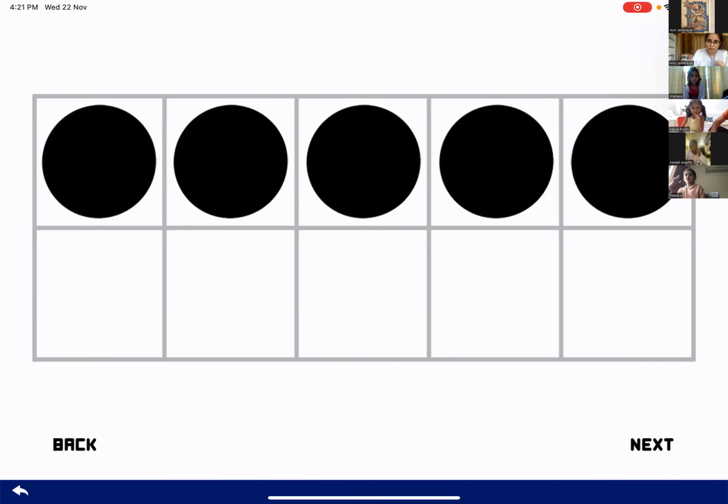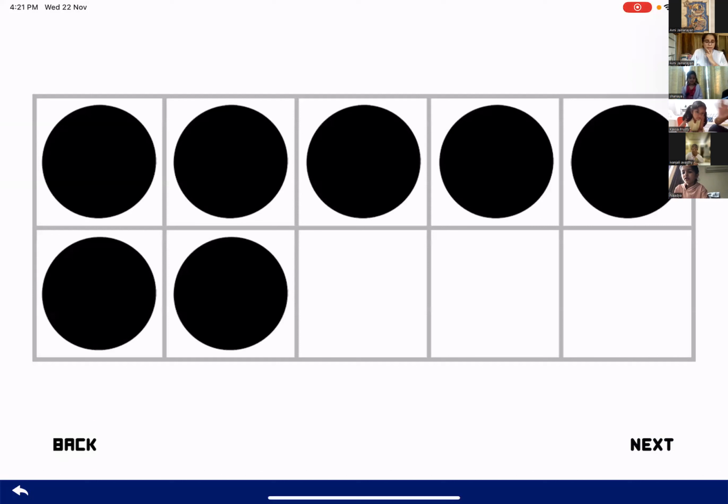Next. Now, the benchmark numbers. If we have the entire first row filled up, which number is it without counting, children? Without counting, Kavya. When all the slots on top are filled up, it is nothing but one number, that is 5. Okay. Now see, we have 5 on the top and there are extra 2 dots.